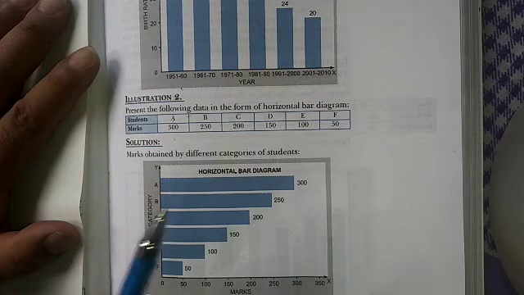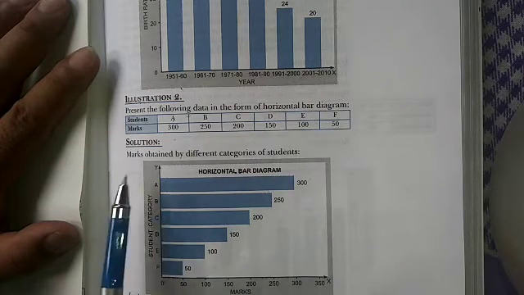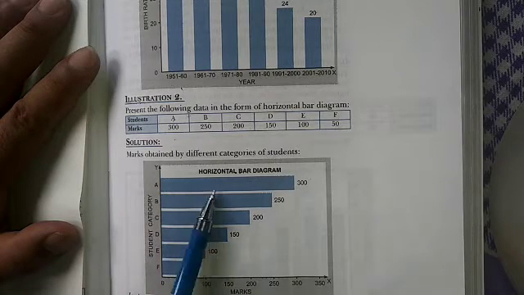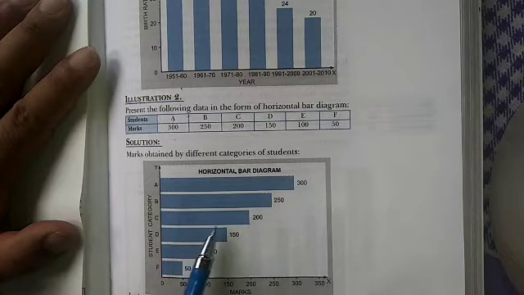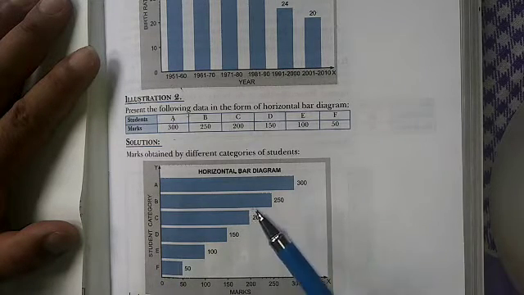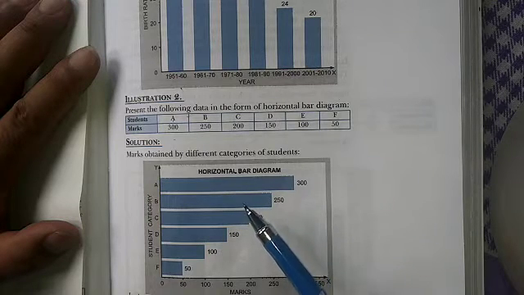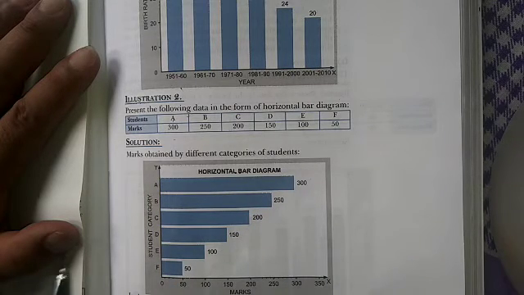This is how we show the marks obtained by different categories of students with the help of a horizontal bar diagram. You know, in this diagram, data are presented in the form of horizontal bars, and all the bars are of equal breadth. These are also equidistant from each other.